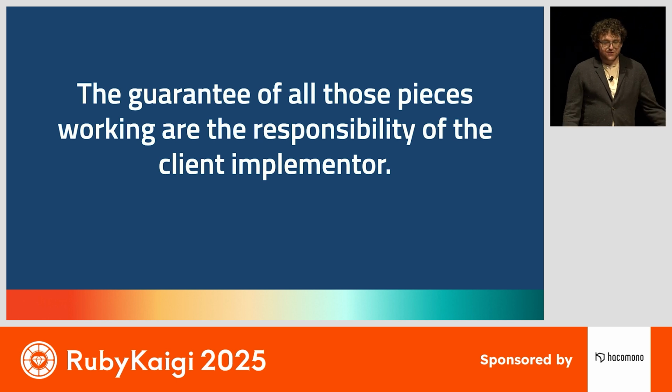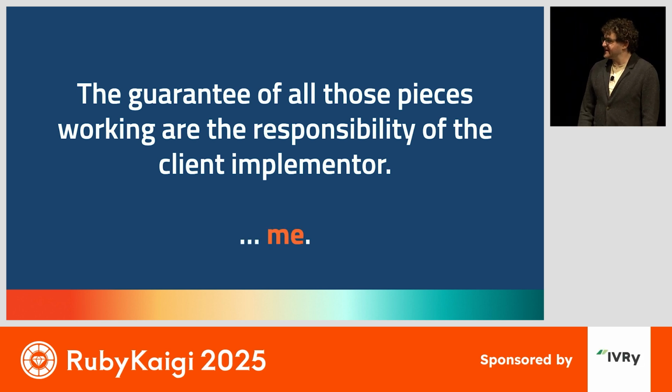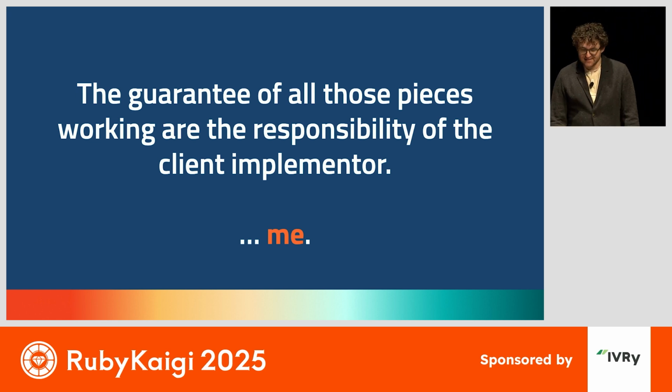And unfortunately, the guarantee that all of these pieces work together is the responsibility of the person implementing a sigstore client. And that's me, and that's kind of scary. I don't trust me.